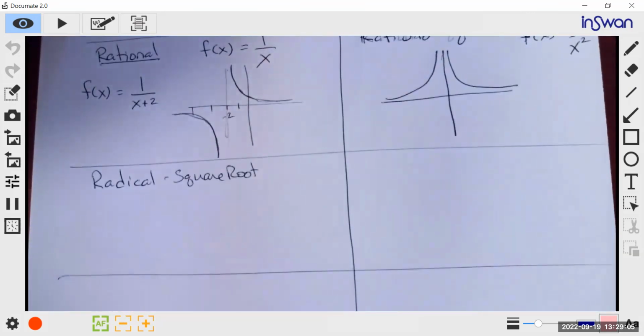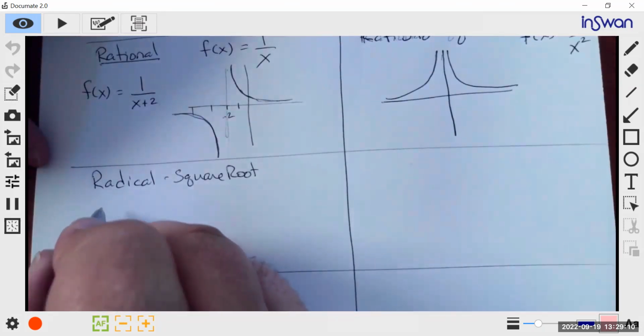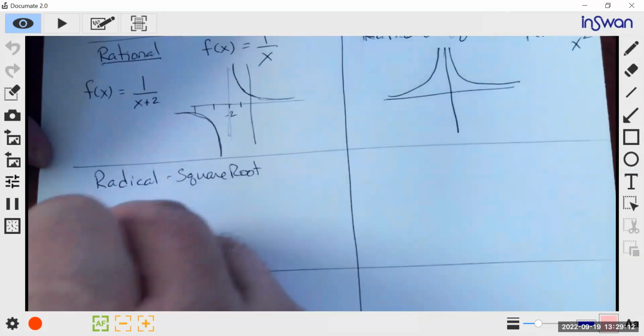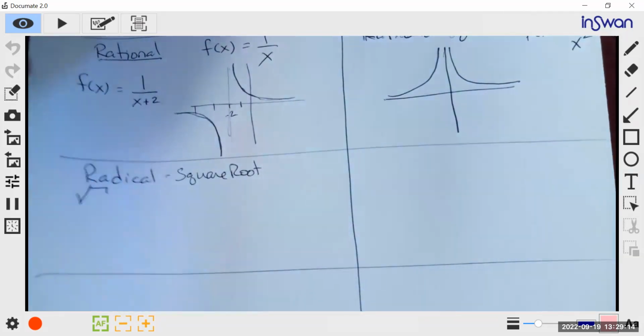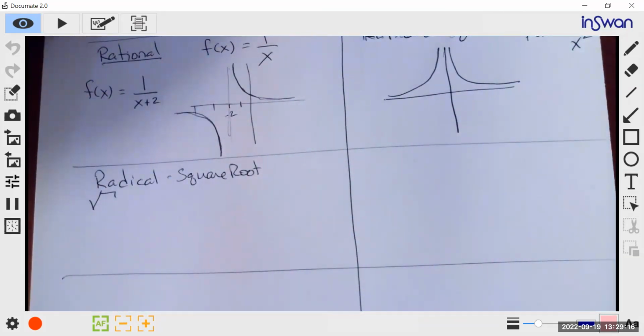The next one's a radical. When we say radicals, we mean this symbol here. That's the radical.